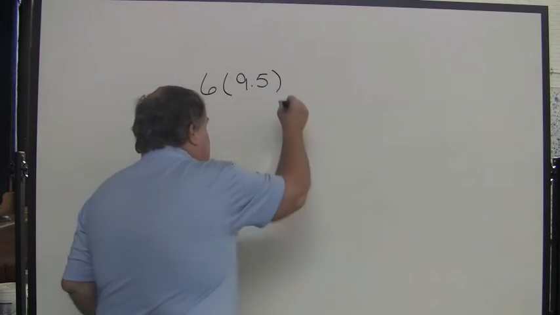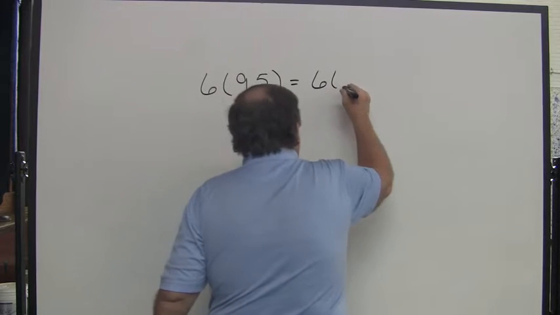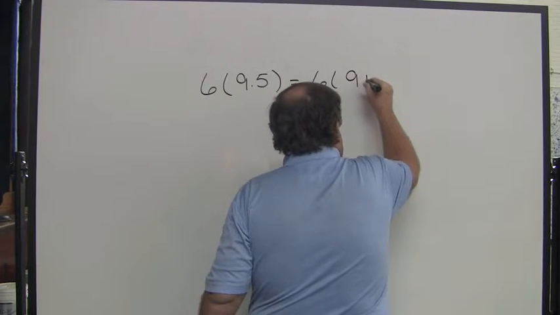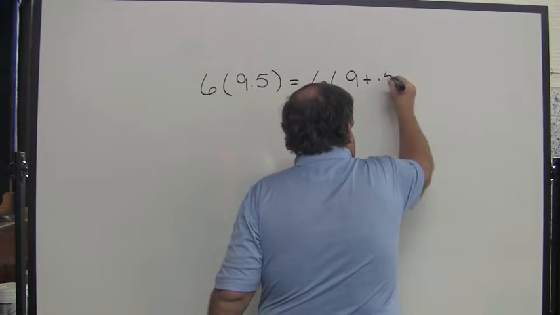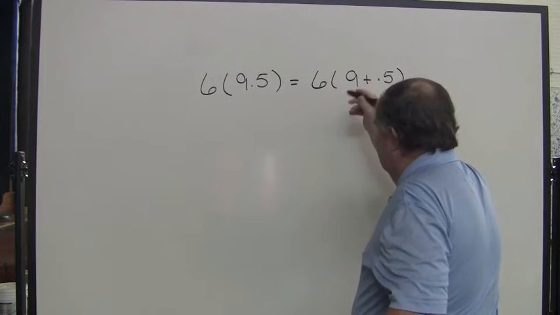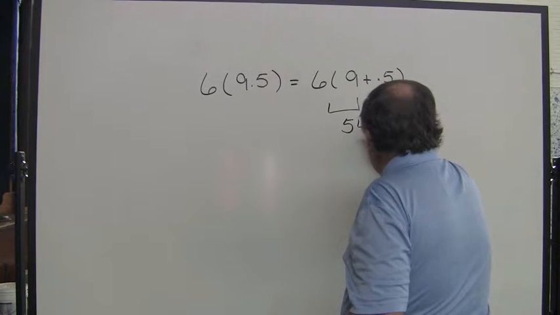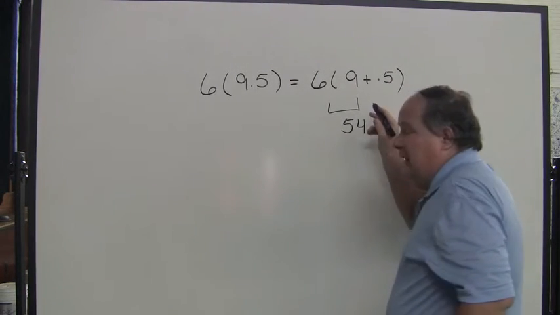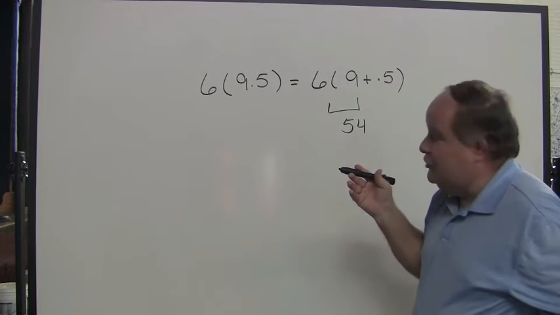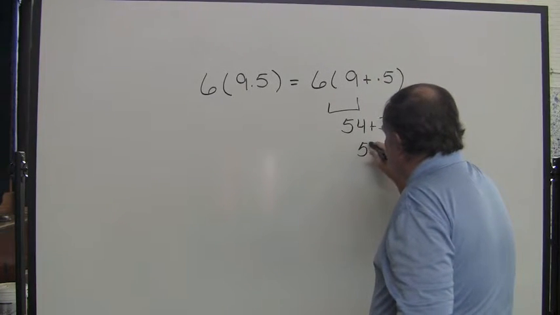We could rewrite this as 6 times 9 plus 0.5. And if we distribute, we know that 6 times 9 is 54. And we know that 0.5 or 1/2 of 6 is 3. So right away we can see that our answer is going to be 57.